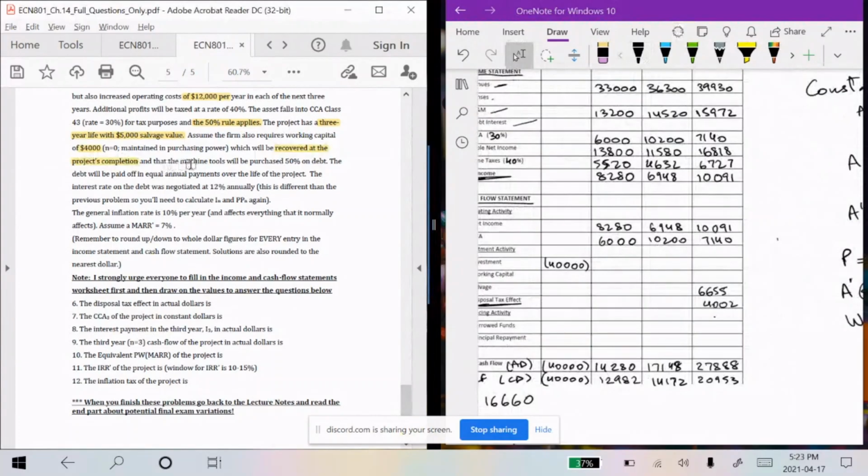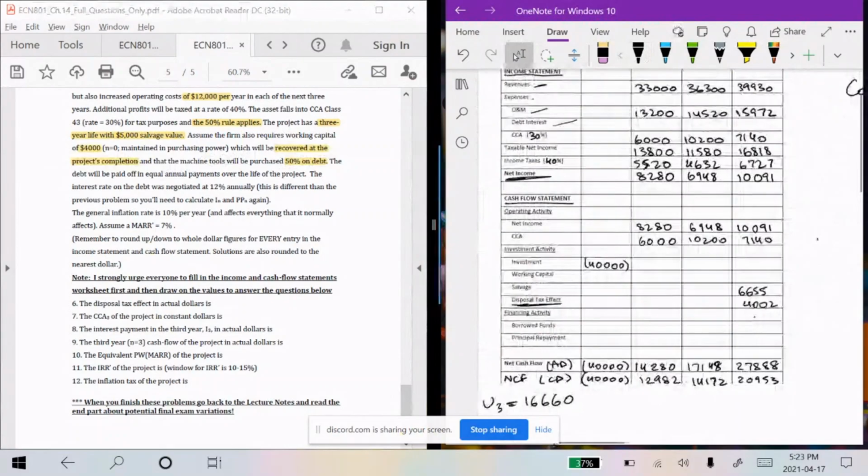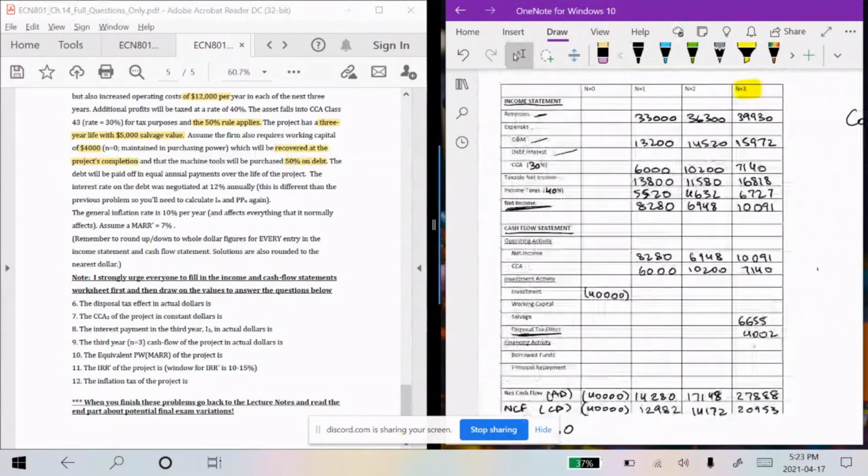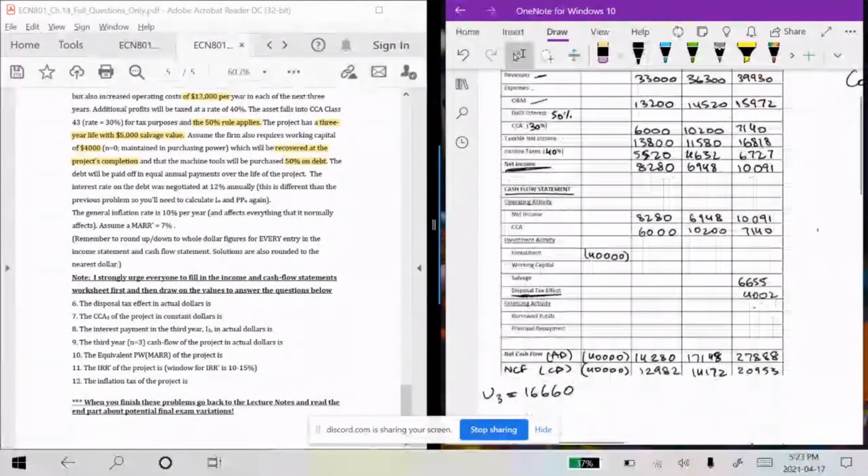All right. And the machine tools will be purchased 50% on debt. So the debt here is 50%. Not the interest.